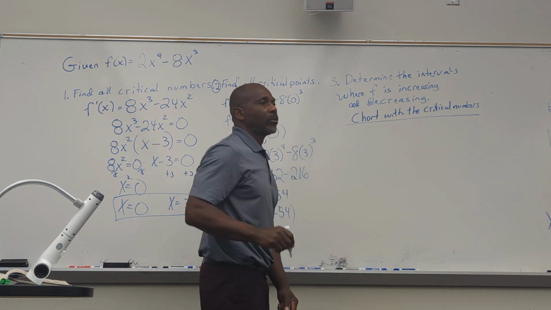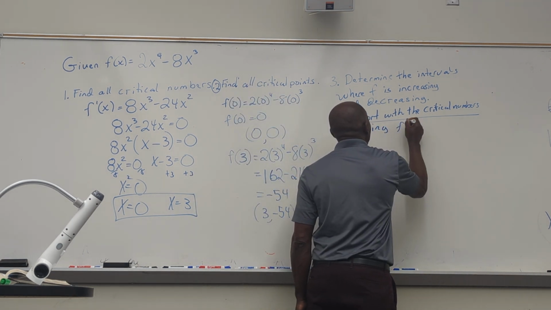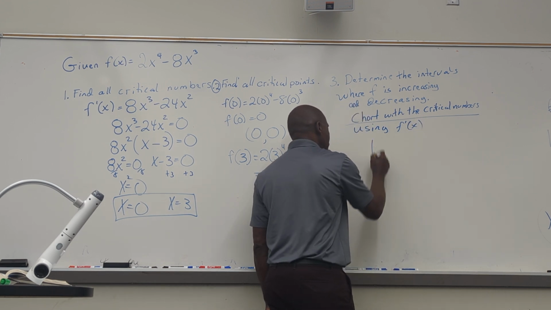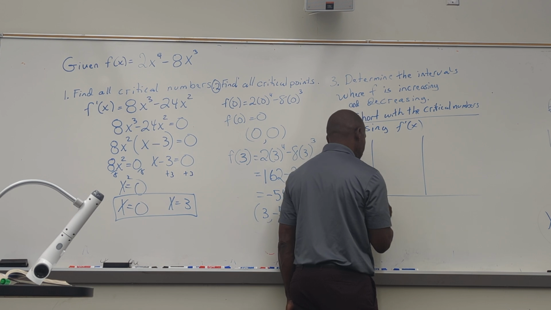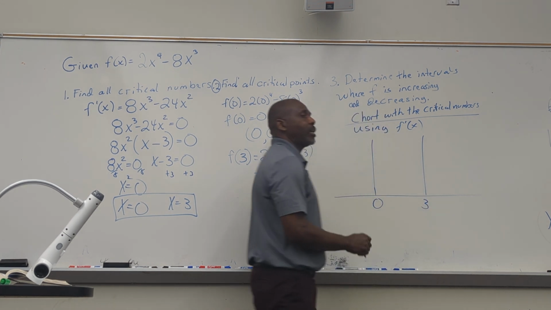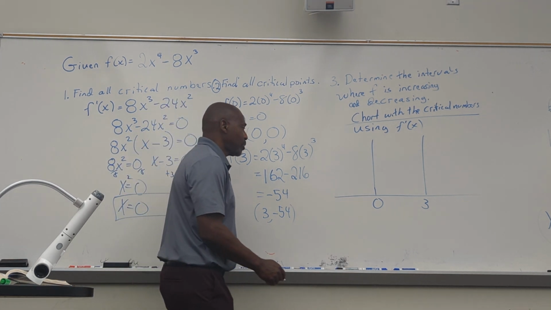So we have the chart with the critical numbers using the first derivative. So that's going to tell me 0 and what? 3. We good? Alright, got 0 and 3. What do you do now? What do you want to test?